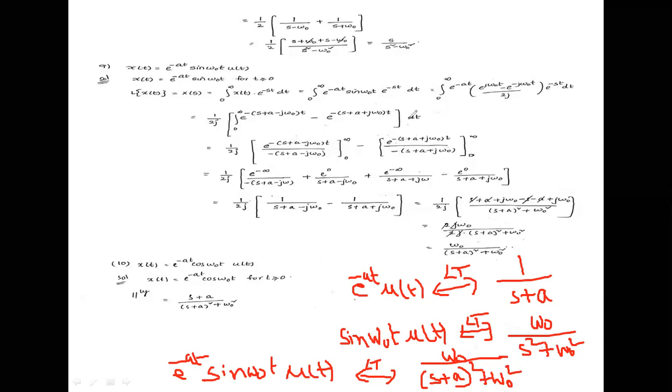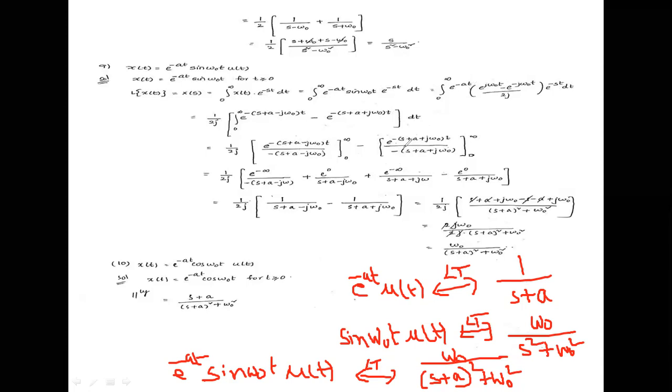And in between is the minus, then the second integral. Here also the three terms, e power minus at, e power minus j omega naught t, e power minus st. Take the minus as common: minus (s plus a plus j omega naught) t dt. Now apply the integral for the first term, e power minus of (s plus a minus j omega naught) t dt, divided by the total coefficient of t, which is minus of (s plus a minus j omega naught), with upper limit infinity and lower limit 0.